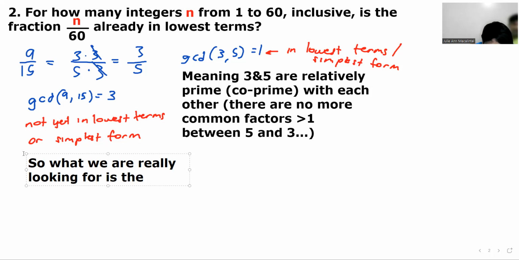So it would be easier. Can you type that? Just write the GCD of 60 and, 60 and what?